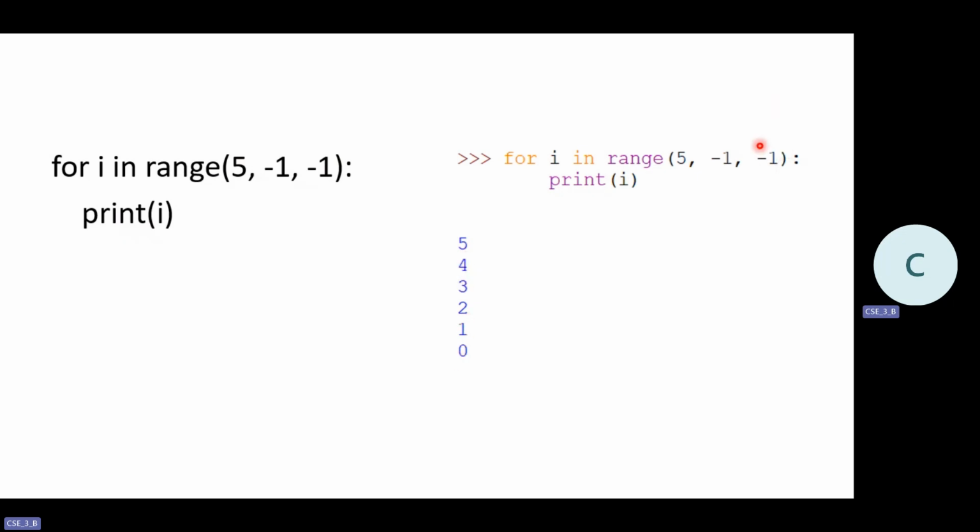We have to decrement by 1, so 5 minus 1 is 4, 4 minus 1 is 3, 3 minus 1 is 2, 2 minus 1 is 1, 1 minus 1 is 0. This is the result we obtain. So we have discussed examples of passing positive values as well as negative values, and how the for loop works.